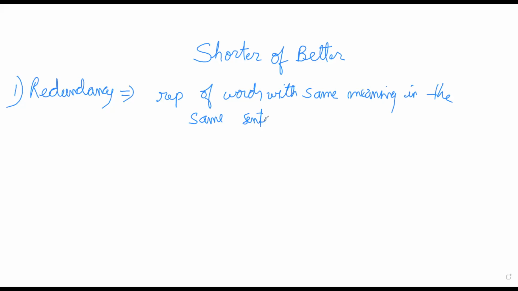Now, what happens many a time when we are trying to say something, for example, "she is a very bright and intelligent girl."